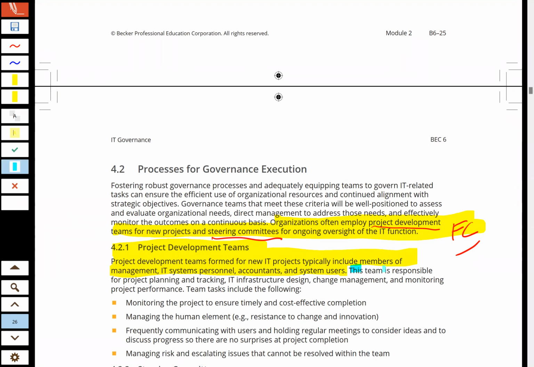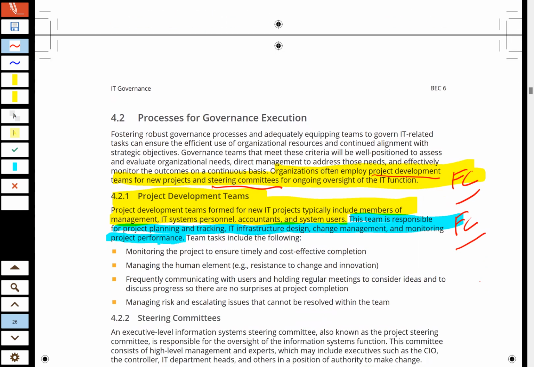This team is responsible for project planning, tracking, IT infrastructure design, change management, and monitoring project performance. Okay, so go ahead and flashcard that. That talks about what the responsibilities of the project development team are.